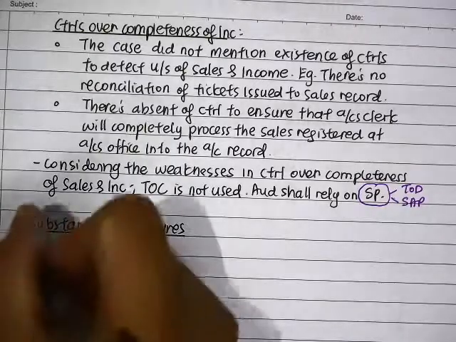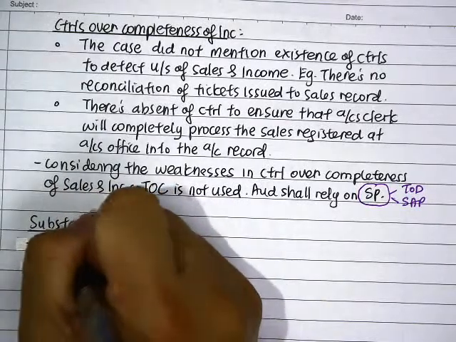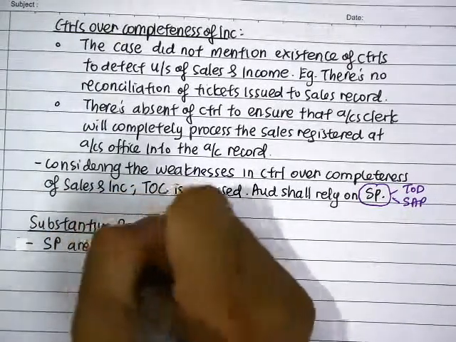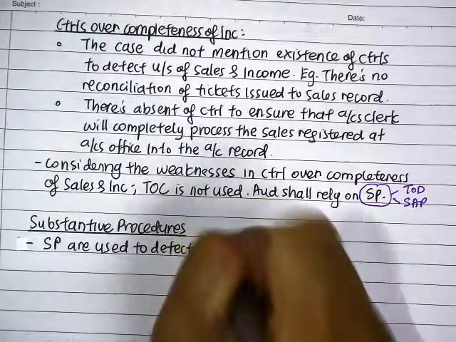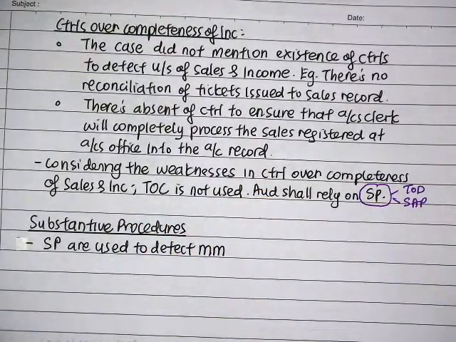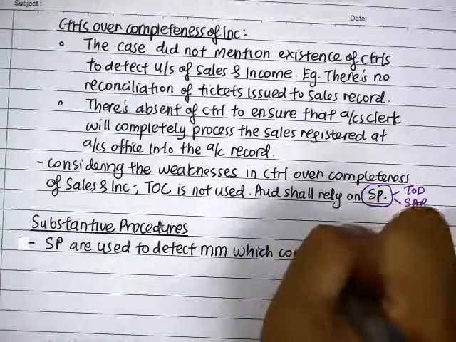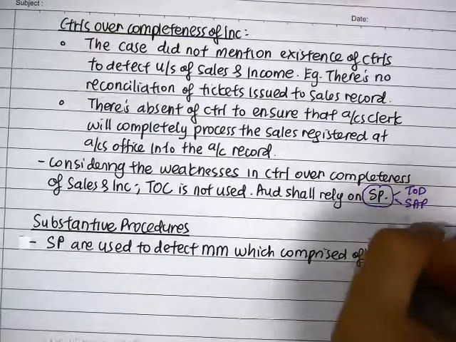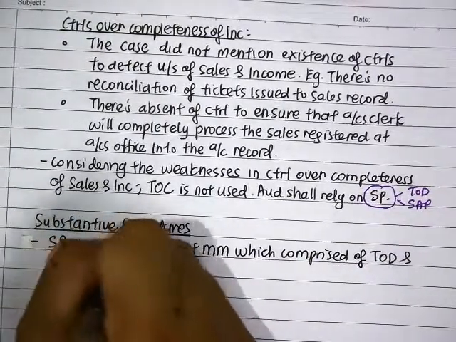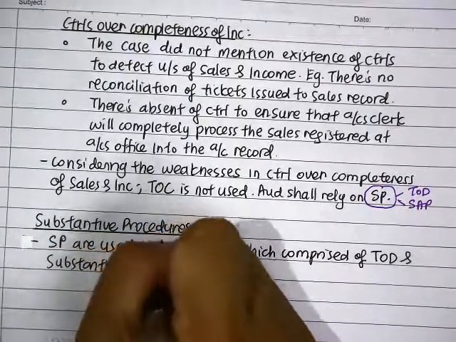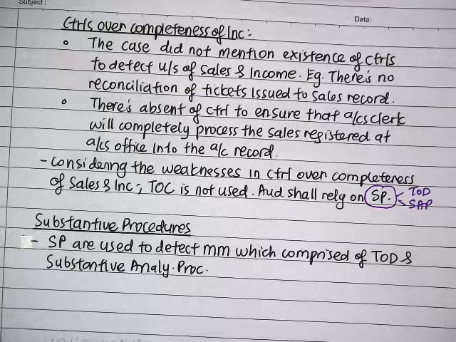Okay? Now, SP are used to detect material misstatement, which comprise of test of detail and substantive analytical procedure.